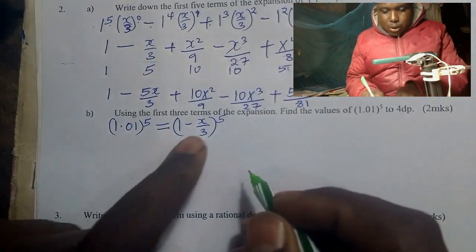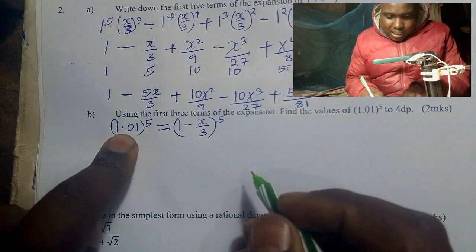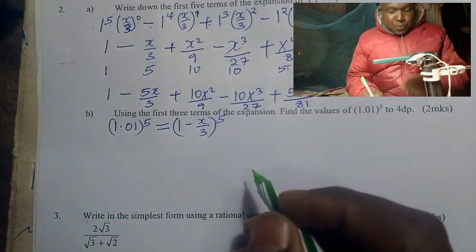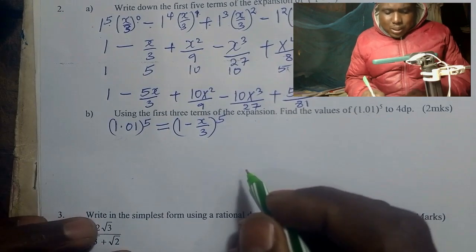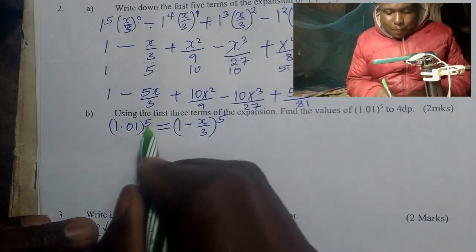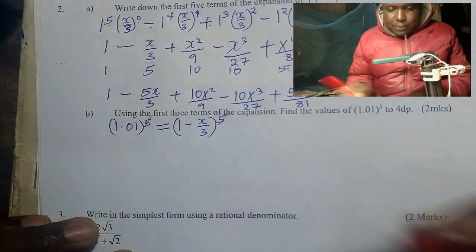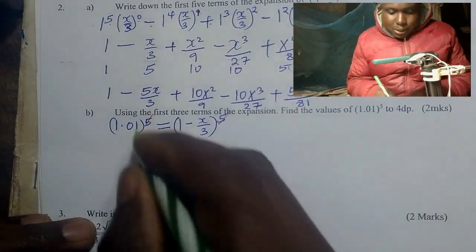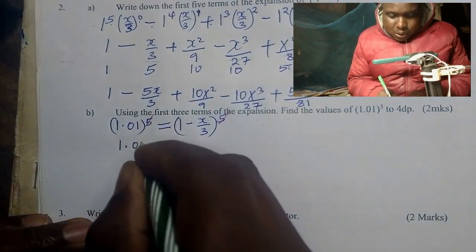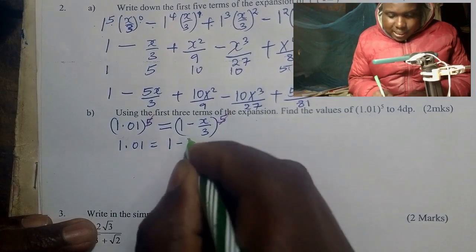Because they are related, the powers are both 5, so cancel them out, and we remain with 1.01 is equal to 1 minus x over 3.